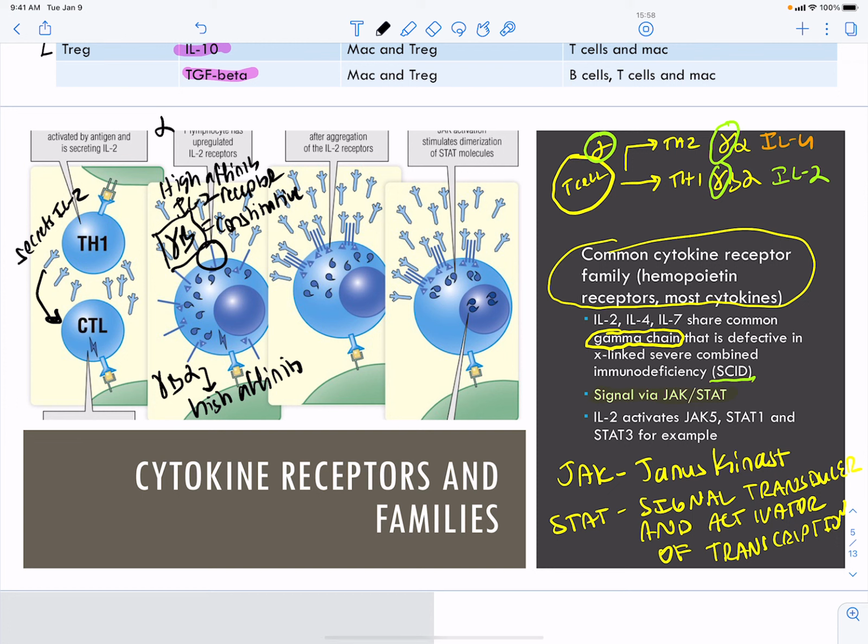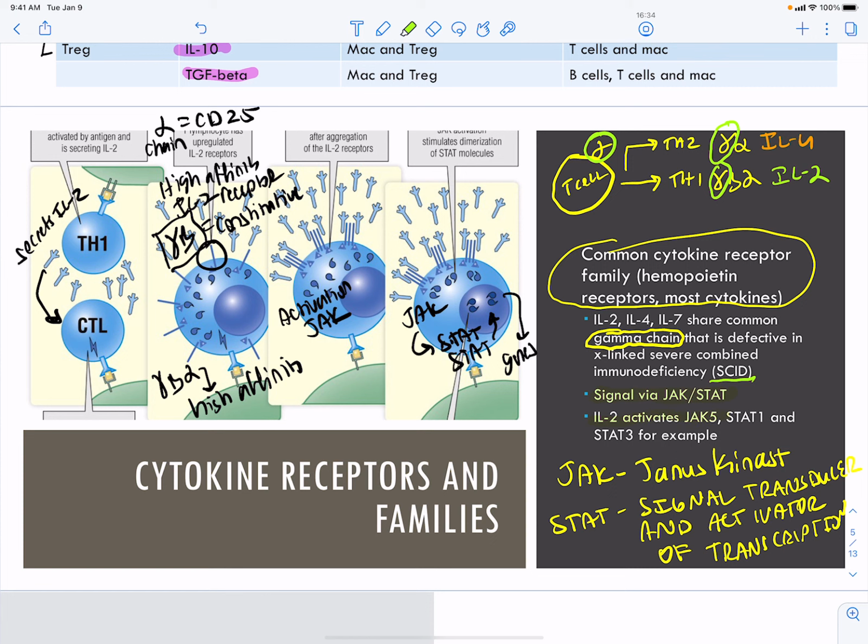And the alpha for the IL-2 equals CD25. So that alpha chain on the IL-2 receptor is also referred to as CD25, and it's the high affinity. And so this is going to lead to activation of JAK. And then JAK is going to activate STAT, remember as a dimer, and that will go to genes that are going to be expressed. So nothing different than what you already know. Just a little bit more information.